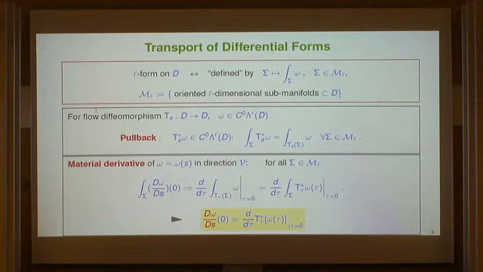The material derivative is a Lagrangian concept. So what is it when you think about a function? You follow the flow and then watch the function value change. This is the material derivative, a basic concept in all of continuum mechanics.